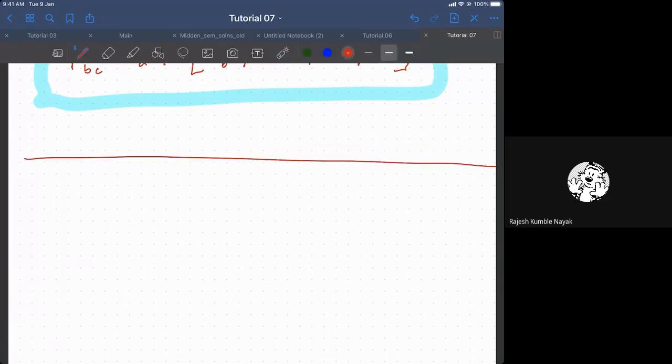the Riemann tensor. Let me write down the expression for the Riemann tensor, R^A_BCD. It has two terms actually.